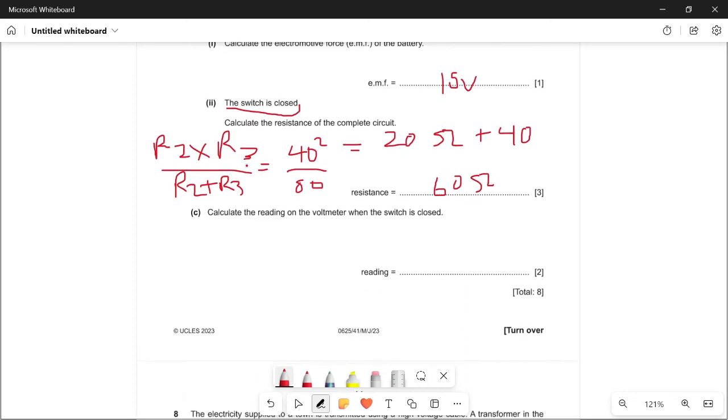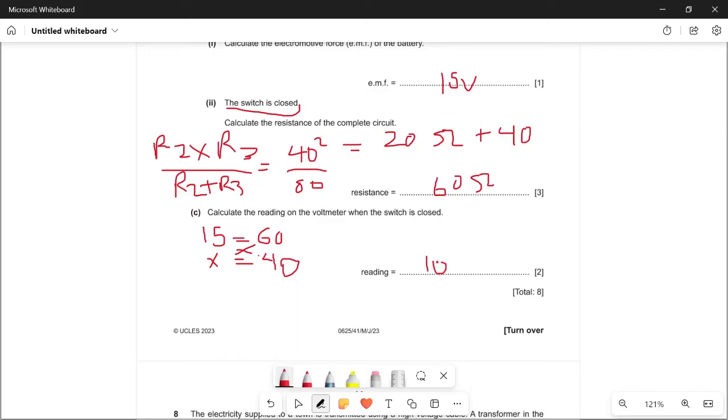So what we do is, since they are in proportion, we have the 15 volts for the 60 ohms, which is the total resistance. So that means X would be for the 40 ohms. So we can cross multiply. It's going to be 15 times 40 over 60, which gives us 10.